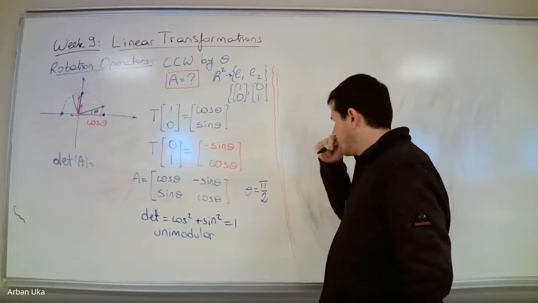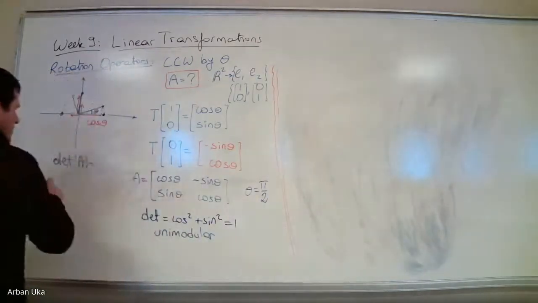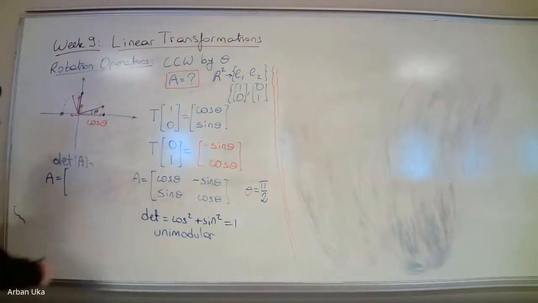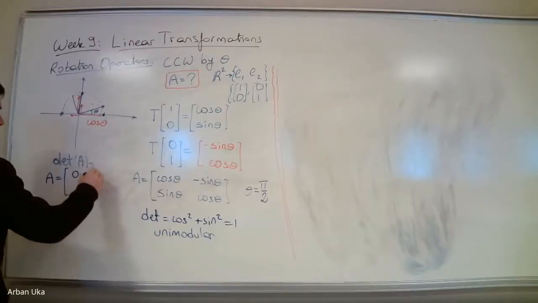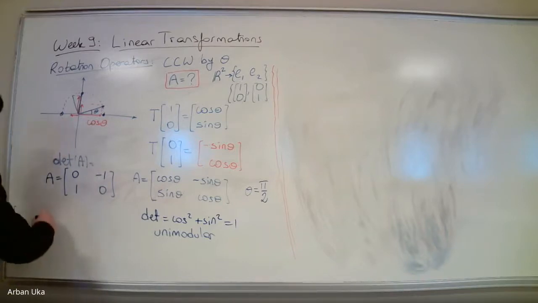Or this is pi over 2, okay, pi over 2. So what is A? This would be straightforward, actually. If the angle is pi over 2, what is cosine of pi over 2? 0. A is (0, -1; 1, 0). That's true. So this is the rotation by pi over 2.